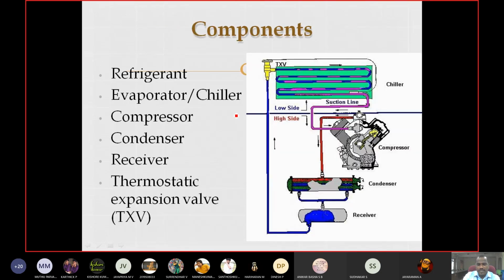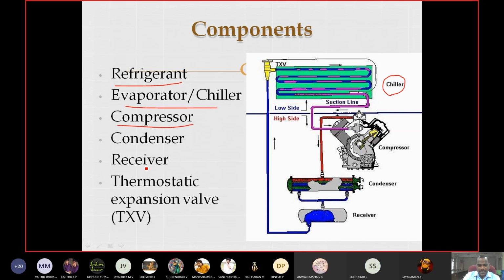So these are the components. This diagram we already discussed, already shown. In this we have the refrigerant, then the evaporator, namely the chiller. So we know this chiller is an important part in refrigeration. The heat transfer happens in this chiller or evaporator, so we need a heat transferring medium. Then we discussed a lot about the compressor.